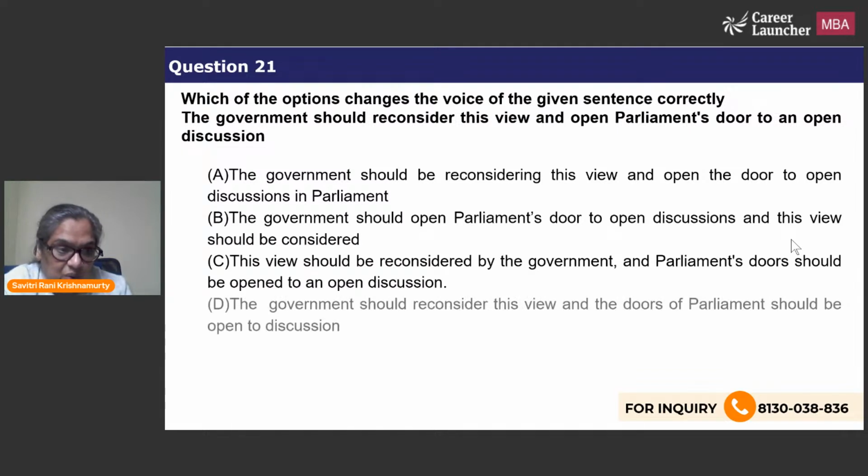All right. Okay. Long sentence, read and tell me which is the correct sentence. Which one most accurately expresses the entire sentence? Sometimes you need not put the entire sentence in passive voice.